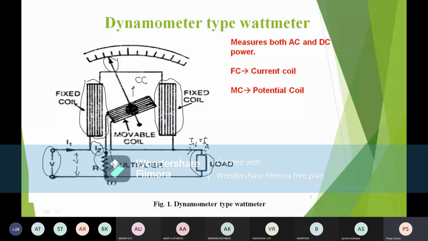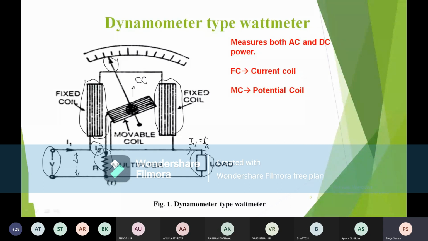So here, in order to limit the flow of current I2, the resistor is connected in series with the movable coil. As I2 is limited, we can say that I2 is directly proportional to the supply voltage. According to Ohm's law, V is equal to I into R. As R is employed here, the current through the movable coil, I2, is directly proportional to the supply voltage V.